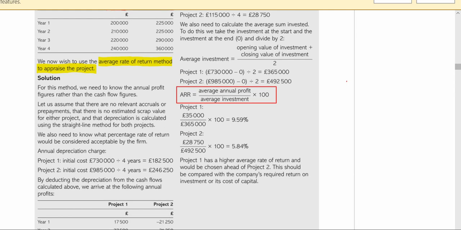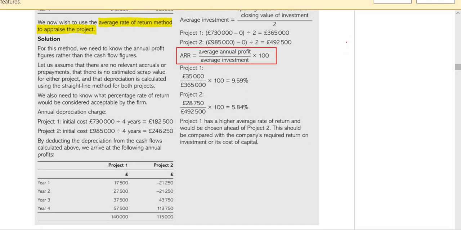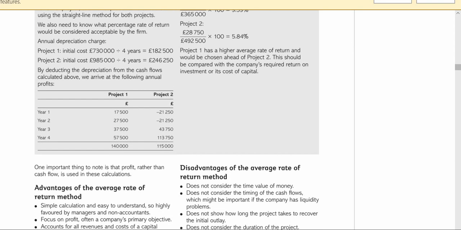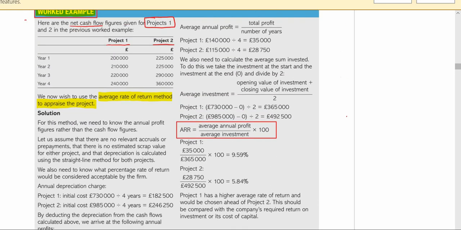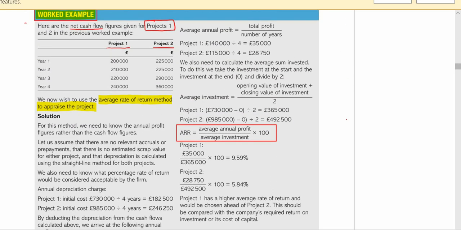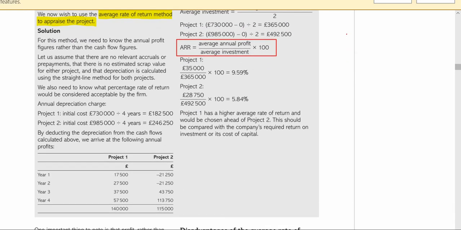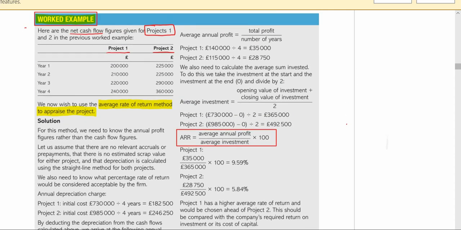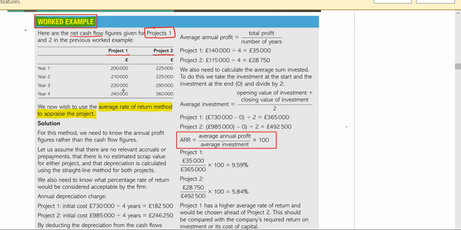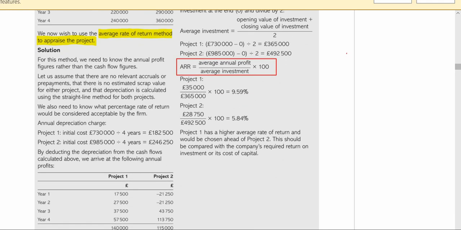Before the calculation of the profit, we will calculate the returns. So how many returns do we have? As per the question, net cash inflows are given.